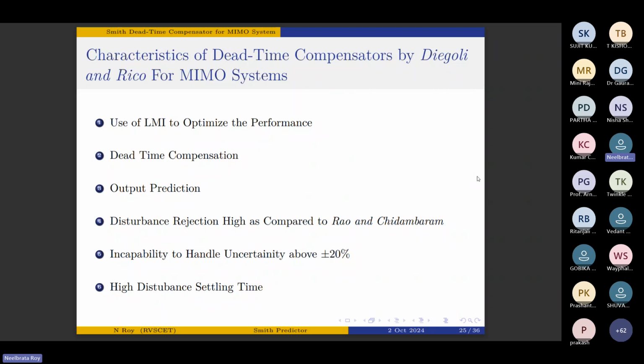The disturbance rejection is low as compared to Chidambaram and Rao. This design also has a problem that it can't handle uncertainty of plus minus 20%, and it has a high disturbance settling time. After disturbance rejection, when the system again reaches the steady state, it takes a lot of time.